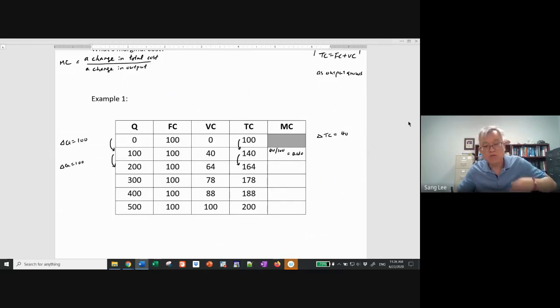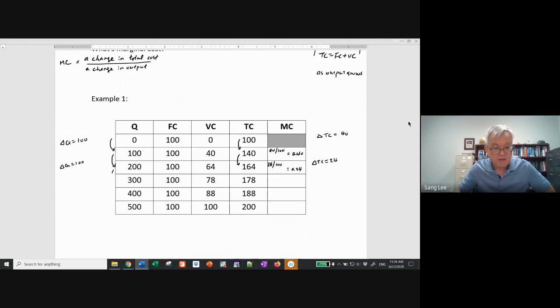Well, as you produce more, total cost increased from 140 to 164. So here change in total cost is the difference between these two, so 24. So 24 divided by change in quantity 100 is 24 cents.